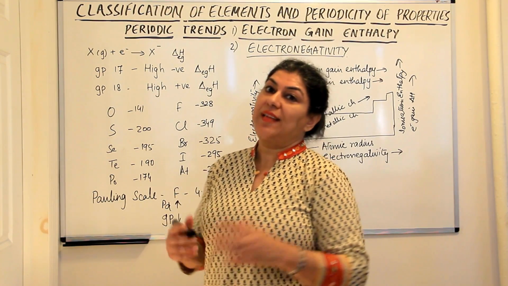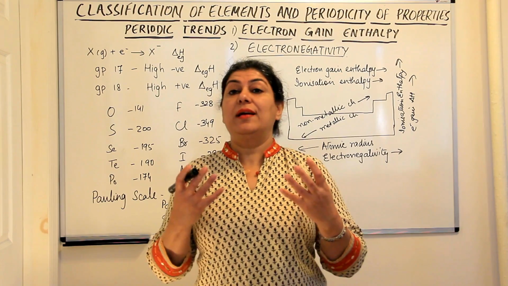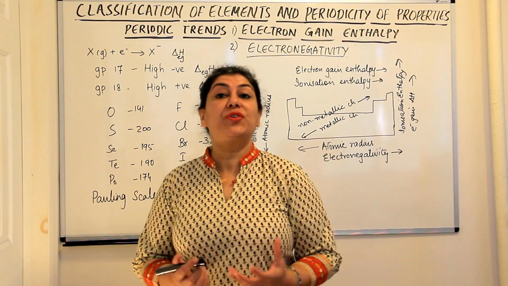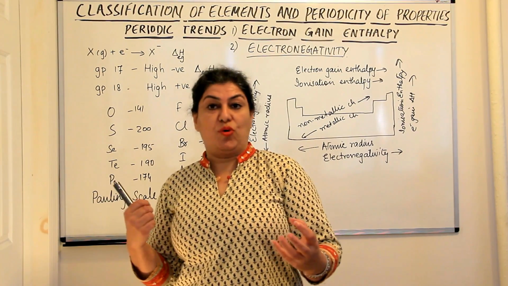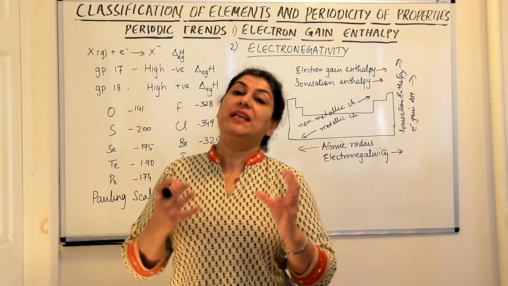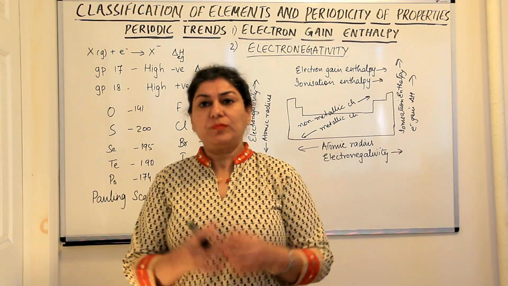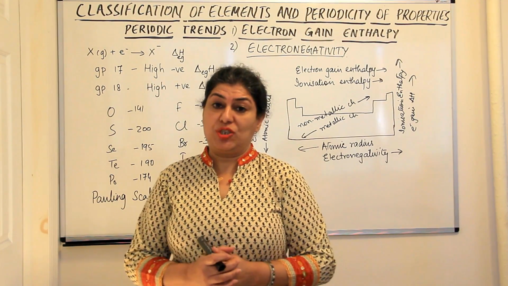In ionization enthalpy, I told you, the ionization enthalpy is a measure of the energy that is required to remove an electron which is most loosely bound in a gaseous atom of an element in its ground state.